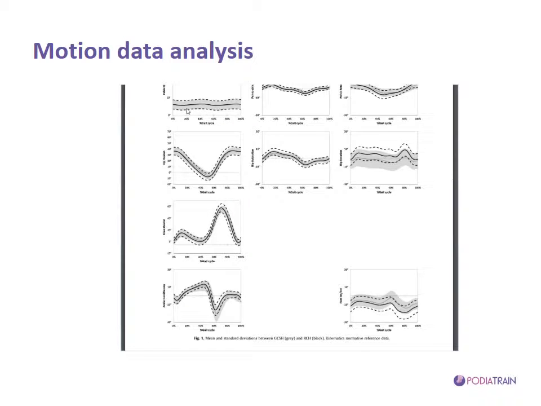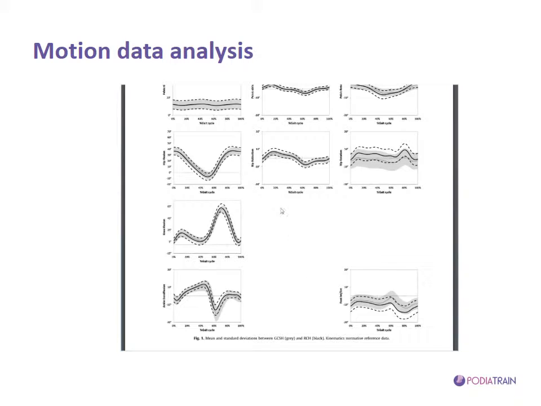So in each plane we see that there is the mean value and the standard deviation, which is to make up for any variability as people walk, because obviously people vary and we will not always have exactly the same results.